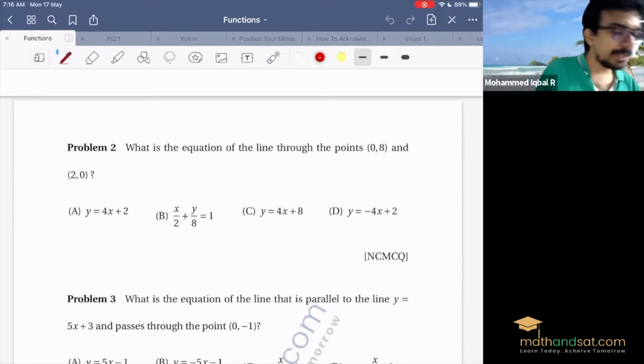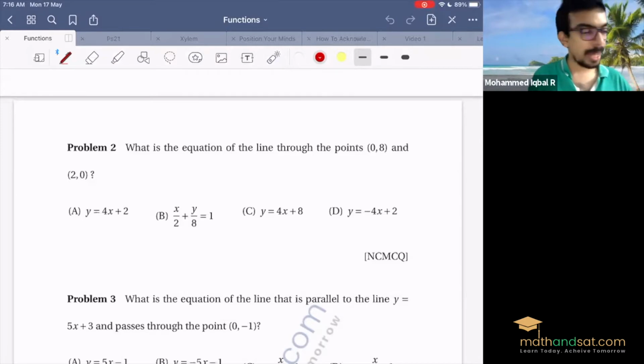What is the equation of the line through the points 0, 8 and 2, 0? Did you guys solve this question? Please let me know. Question number 2.